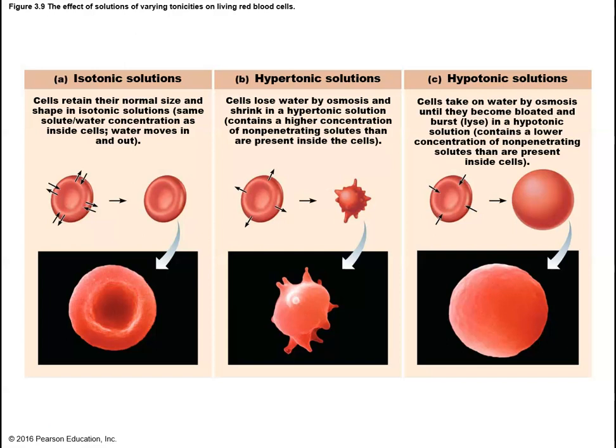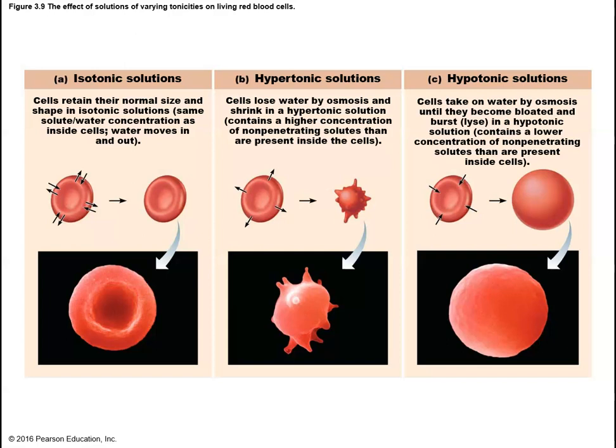That's the happy situation. Option B here, a hypertonic solution, occurs when the salt concentration outside the cell is greater than the concentration inside. And because salt can't come in, water has to osmose out. And so what you see is the cell shrivels and collapses as the water leaves the cell, trying to balance out the external environment.